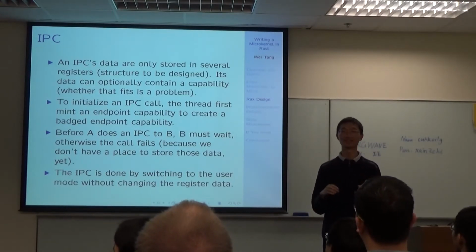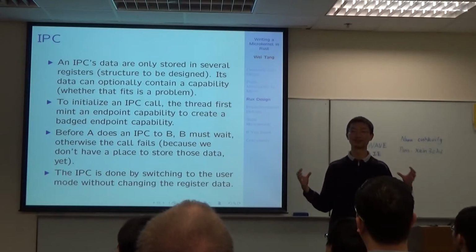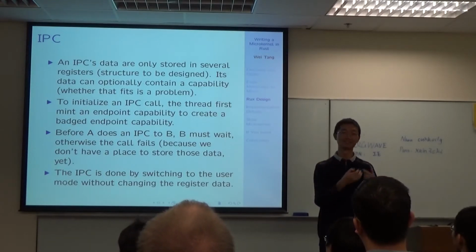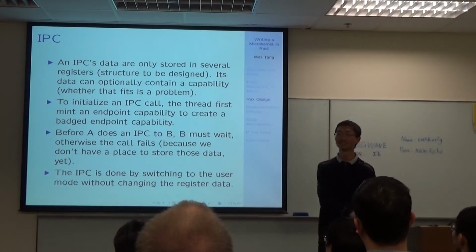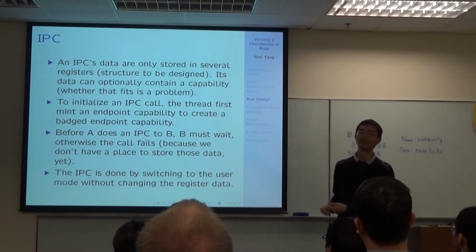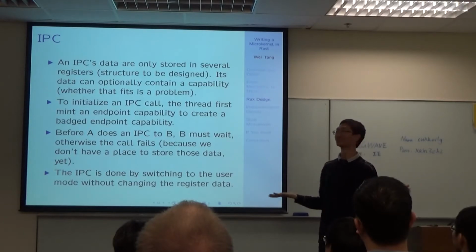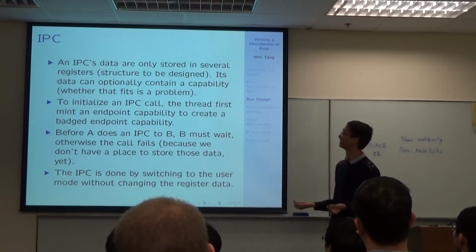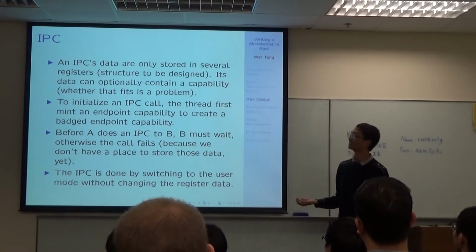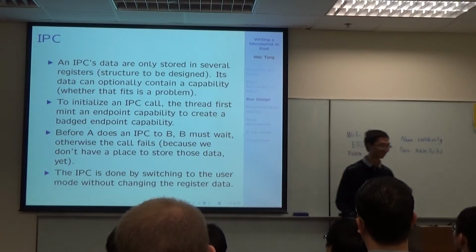The kernel just checks whether those registers are correct, and then, without changing those registers, just switches to user mode for another thread. So it just finished an IPC. That is actually one of the fastest ways you can do IPC. But yeah, my kernel is slow.